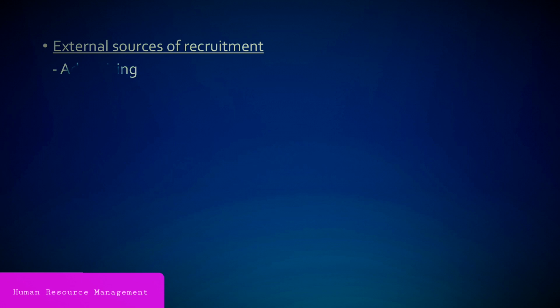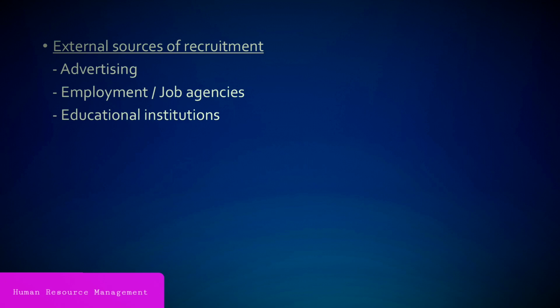Now let's look at some external methods of recruitment. Advertising. That means publishing an advertisement in a newspaper or any other media platform. Then employment or job agencies. Educational institutions. What happens here is the employer sends a representative to an educational institution like a university or a campus to pre-screen applicants and create an applicant pool from the graduating class of that particular educational institution.